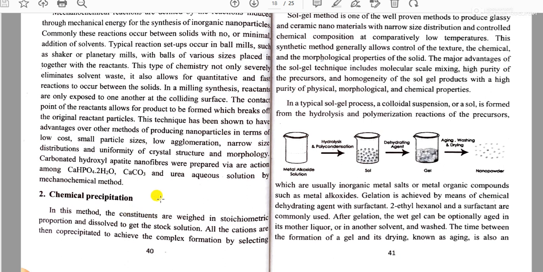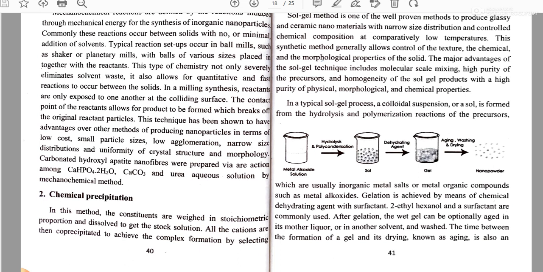what we do is that if we want to prepare an iron oxide nanoparticle, it can be prepared from ferric chloride and ferrous chloride. So we weigh the stoichiometric amount of ferric chloride and ferrous chloride, that is we prepare an aqueous stock solution of this, for example a 2 millimole or a 3 millimole stock solution, and using a suitable precipitating agent, for example sodium hydroxide or potassium hydroxide, can be used to convert this ferrous chloride or ferric chloride to its hydroxide form.